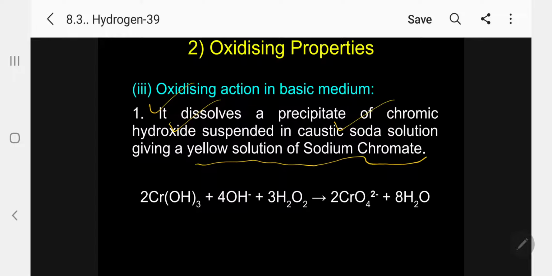So hydrogen peroxide undergoes reduction to water. So this chromium 3 plus is converted into the corresponding chromate ion. In chromate ion, actually, this will be 4 into 2, that is 8 minus, so 6 plus, 3 plus. So it is undergoing oxidation now. Kindly follow.